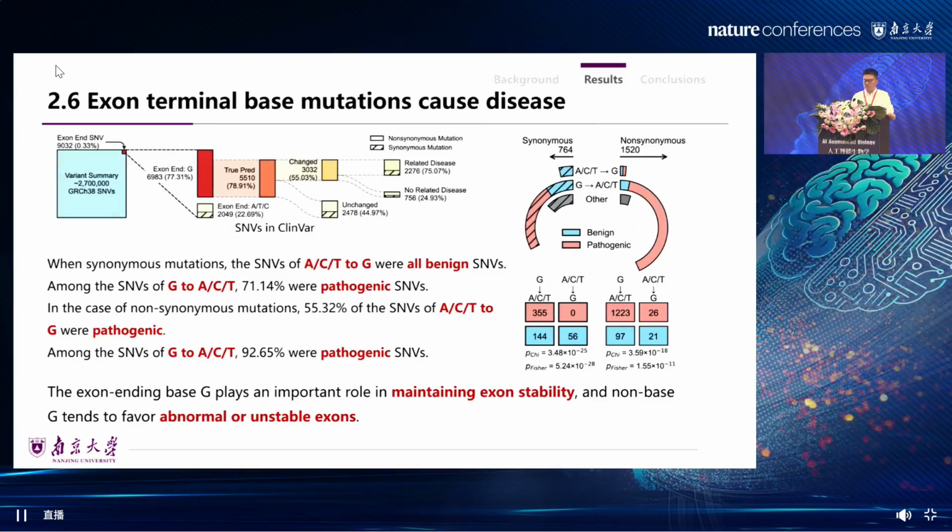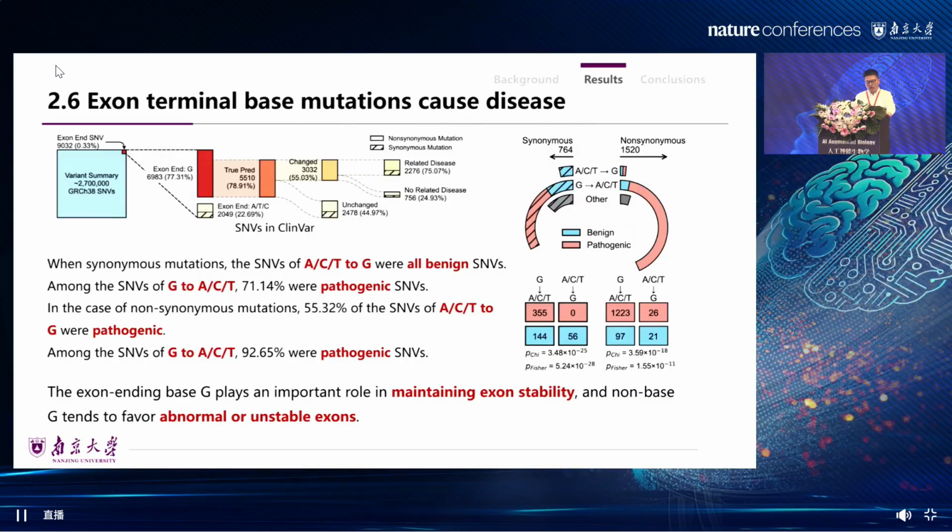9,000 exon terminal SNVs from the ClinVar database. The pattern was uniform. Mutations from G to other bases were overwhelmingly classified as pathogenic. In contrast, mutations to a G were much more likely to be benign.